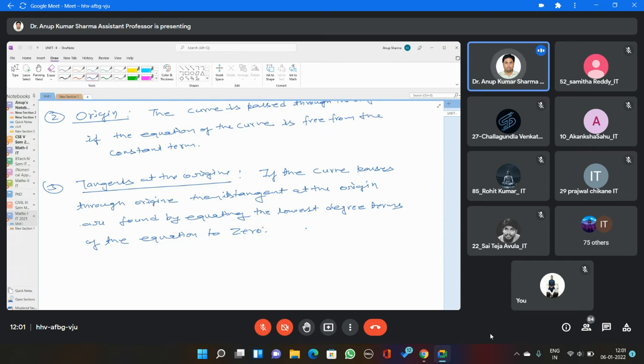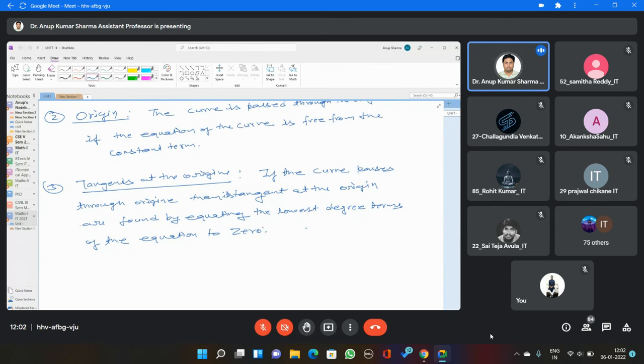Okay, so node, that means what? If we find at that point two tangents which are distinct, the point is called the node. If at that point there are two tangents but they coincide, the point is called the cusp. And conjugate means the imaginary tangents at that point.